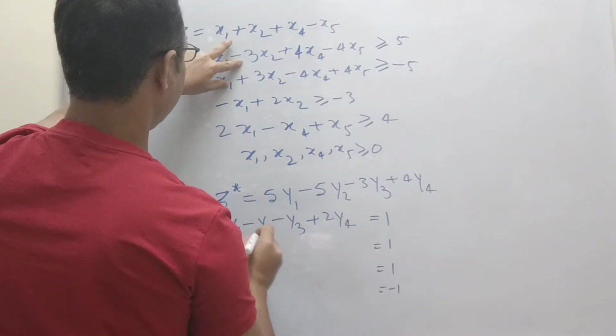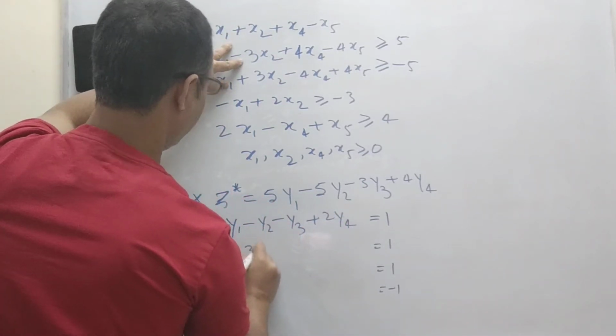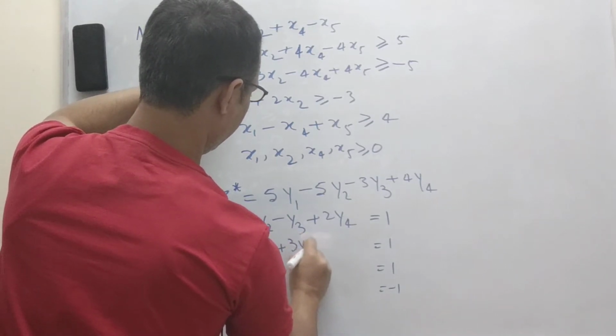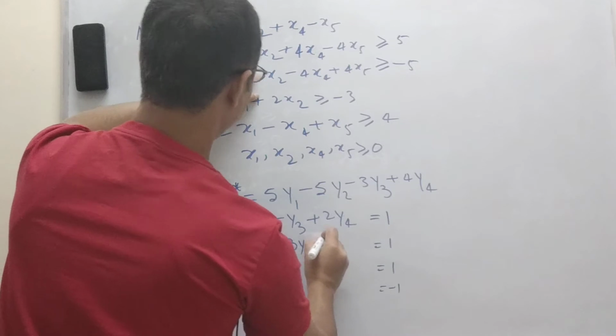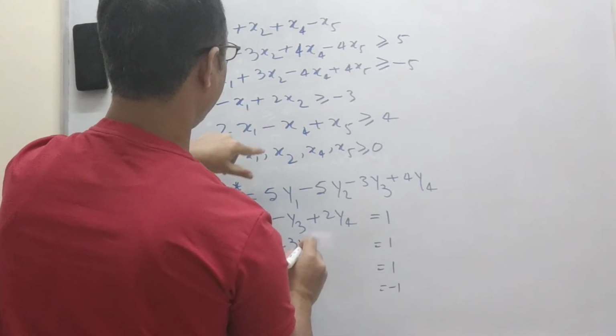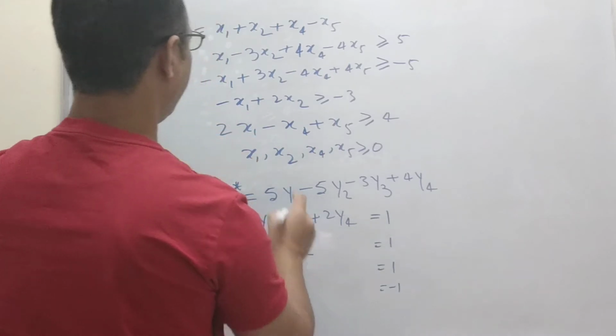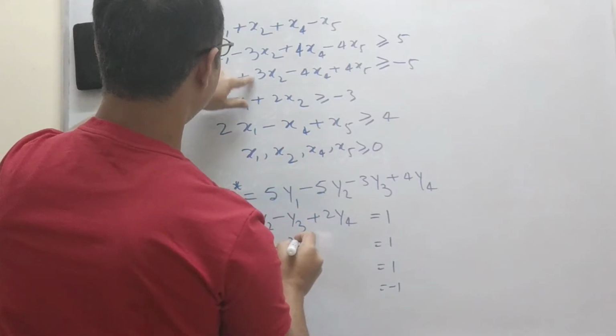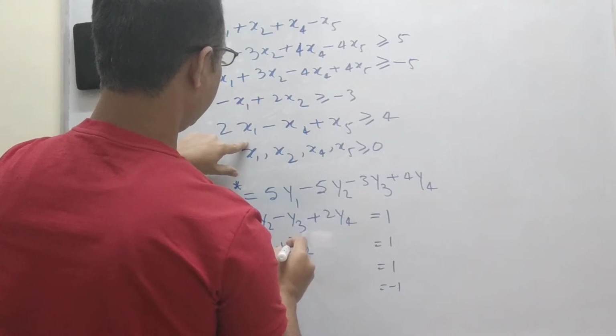2y4. Similarly here 3, minus 3 y1 plus 3 y2, and x2. Okay, so here there is no x2 in this.